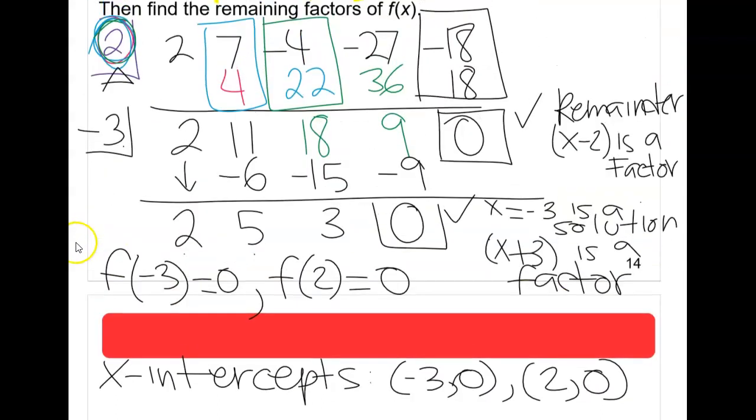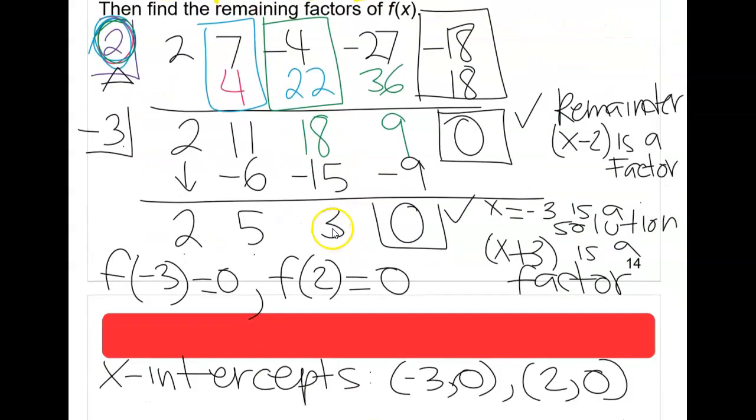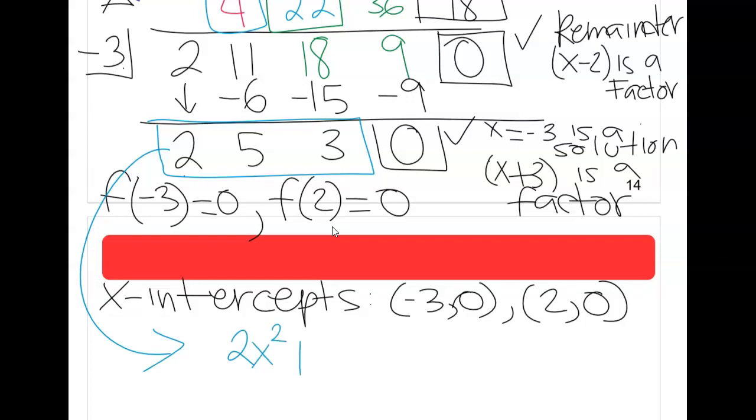And since this was a polynomial of degree 4, then the next 3 digits that we have for the coefficients will be representing 2x squared plus 5x plus 3.